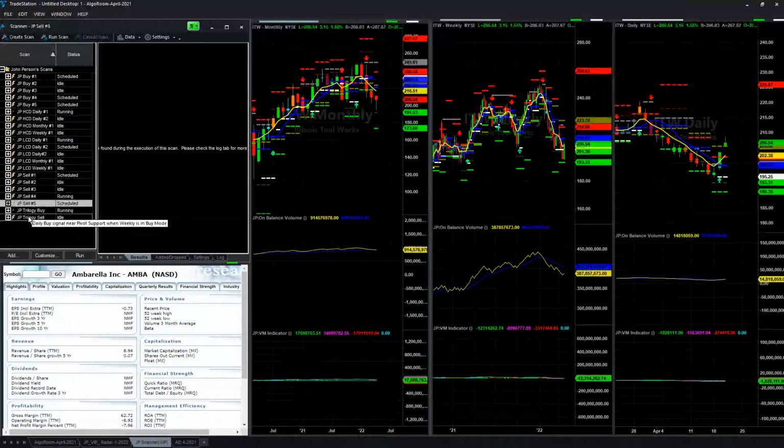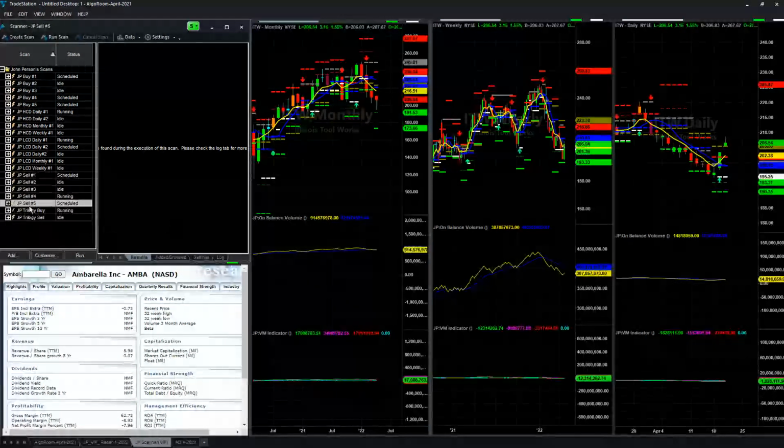So that's why you're getting an error, because it was replaced. If you scroll over it, it actually says a daily buy when weekly's in a buy mode. So it's irrelevant. So that's that deal.